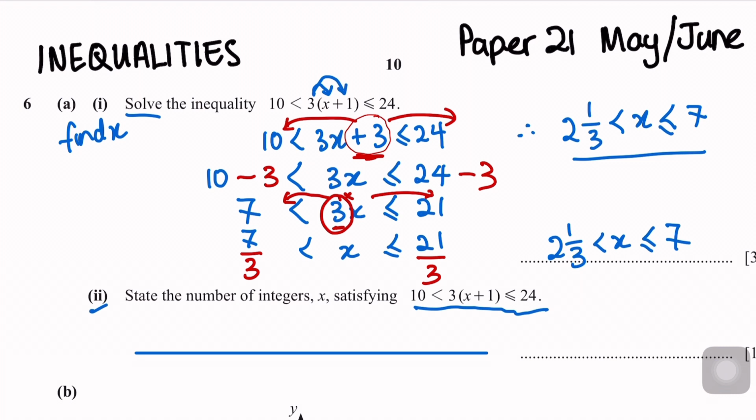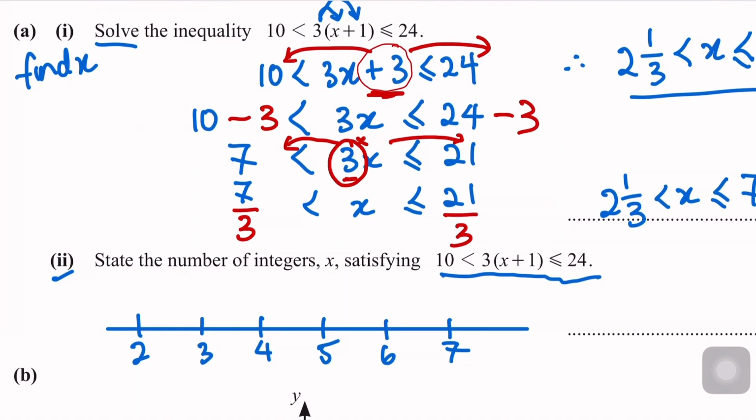You need to draw around 2, 3, 4, 5, 6, 7. Then you need to locate where is 1 over 3. I just estimate it's around here. Then where is your 7? 7 is here.